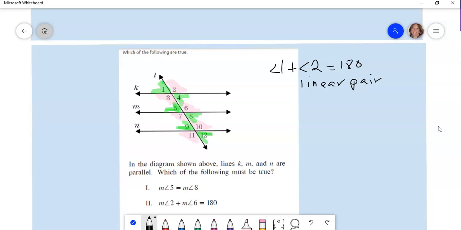But let's also think about, what about 4 and 6? So angle 4 and angle 6 would also be 180 degrees, and that is because they are consecutive, or sometimes called same side interior.